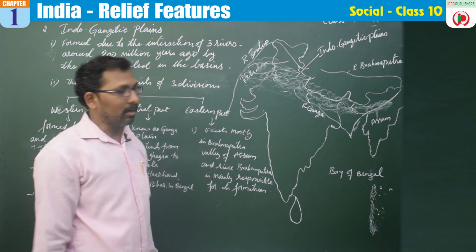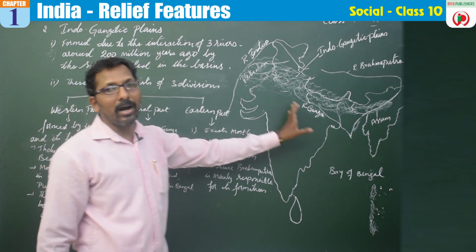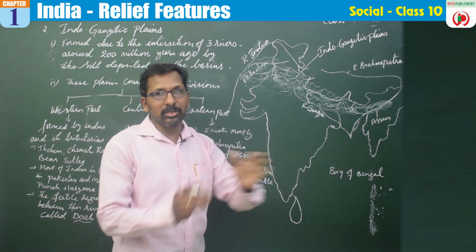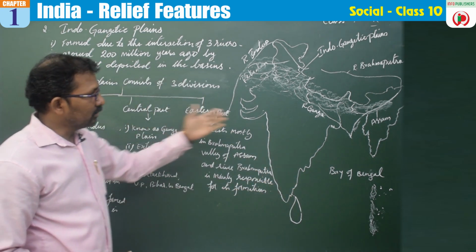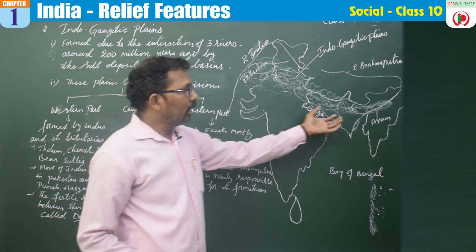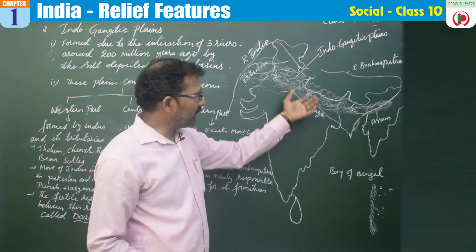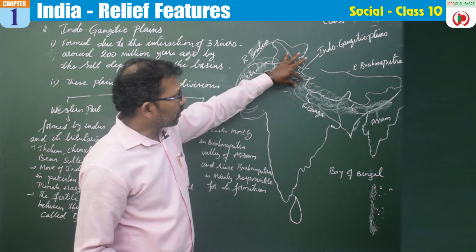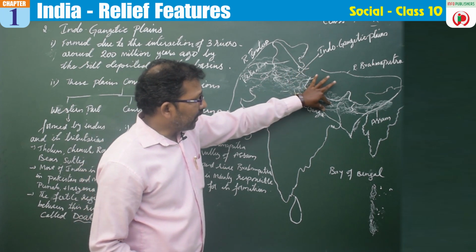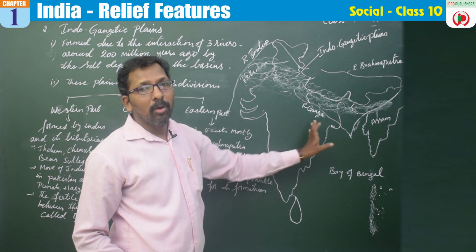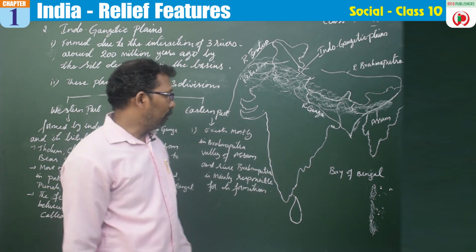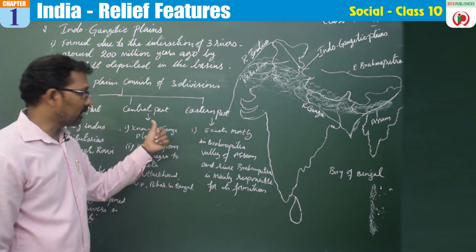So the Gangetic plains extend between Ghagra and Teesta. These plains are present in Uttarakhand, Uttar Pradesh, Bihar, West Bengal and Jharkhand. In these places, we can find the central plains. Hope you understood the central plain also.